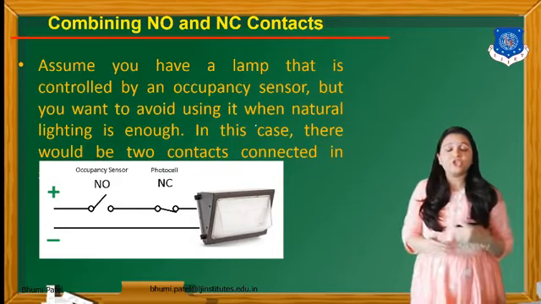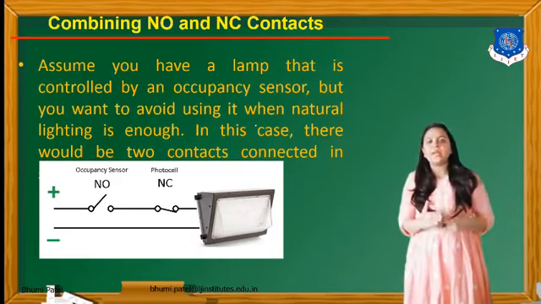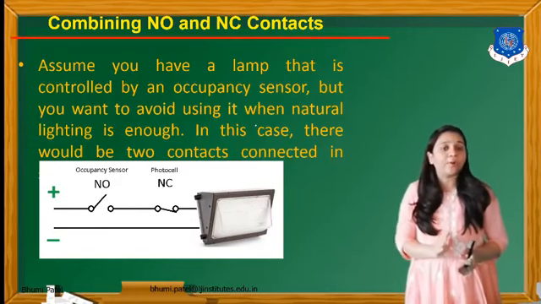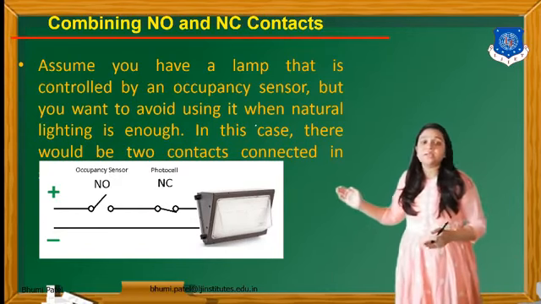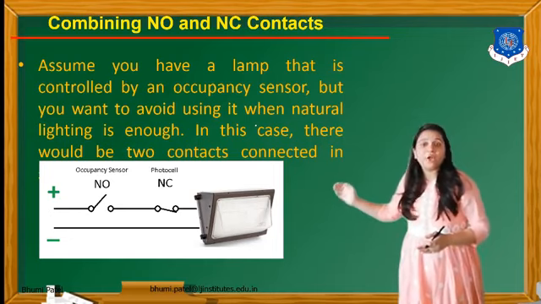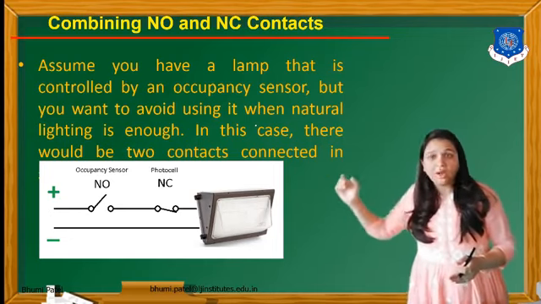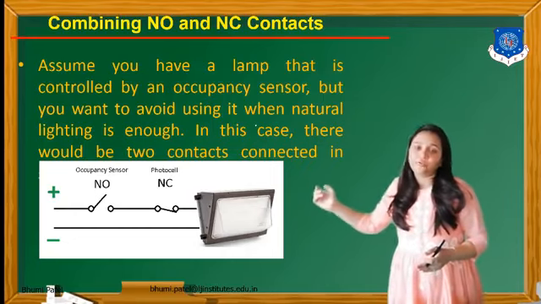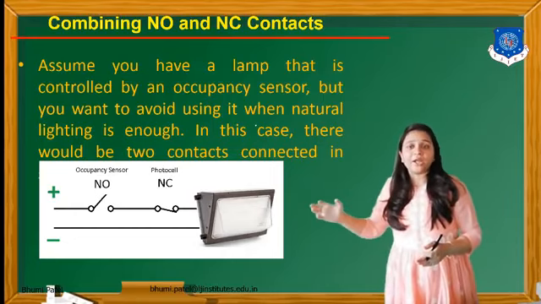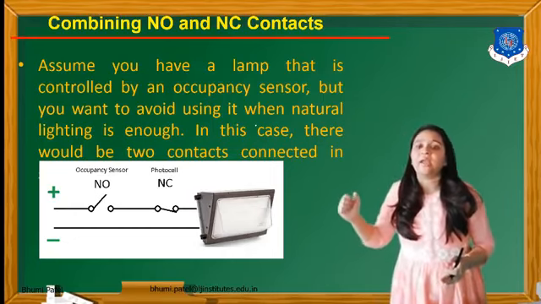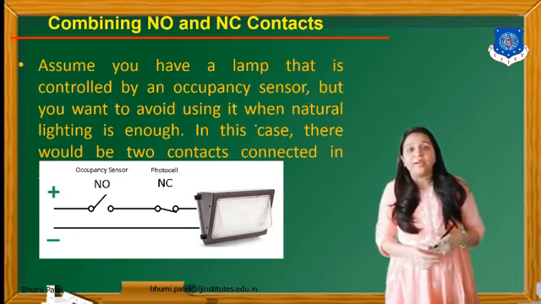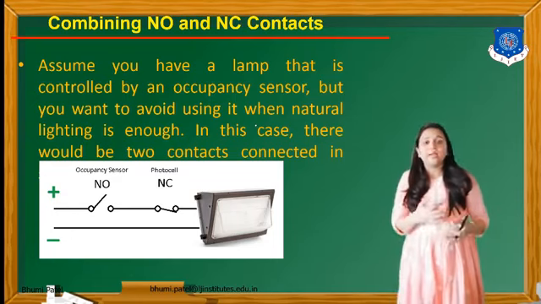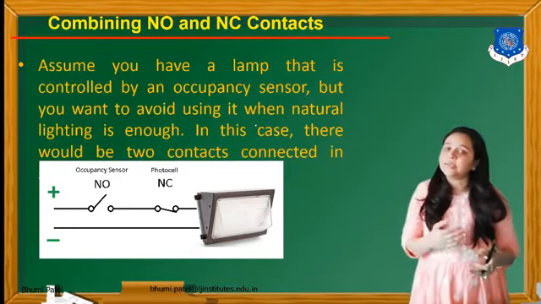This is the actual practical example where we use a normally open and a normally closed contact. Here you can see that we connect the normally open contact for the sensor and the normally closed contact for the photocell, and according to this switch we can get the output. Whenever the natural light is enough, we do not switch on the lamp.